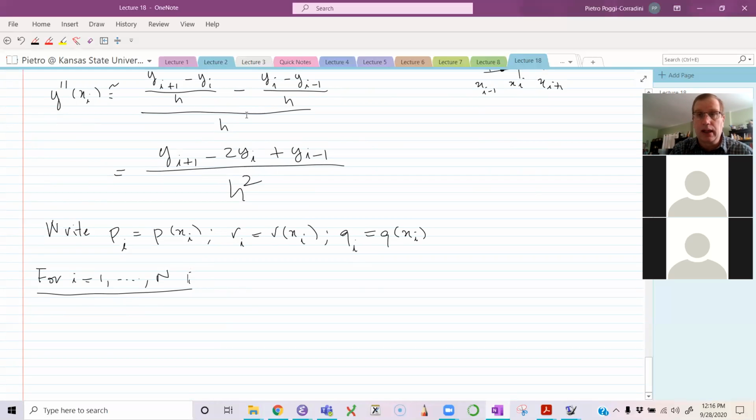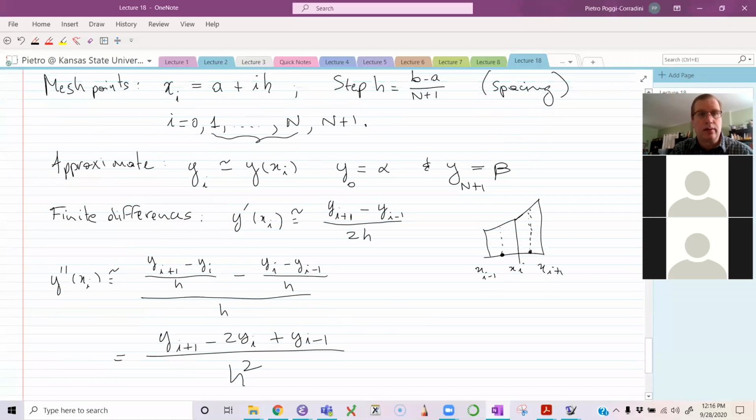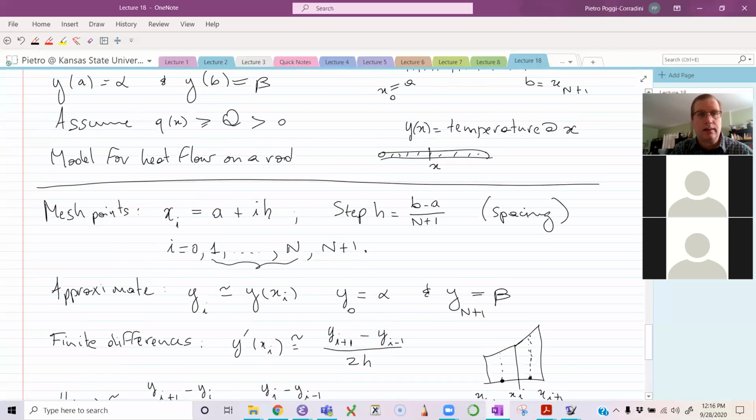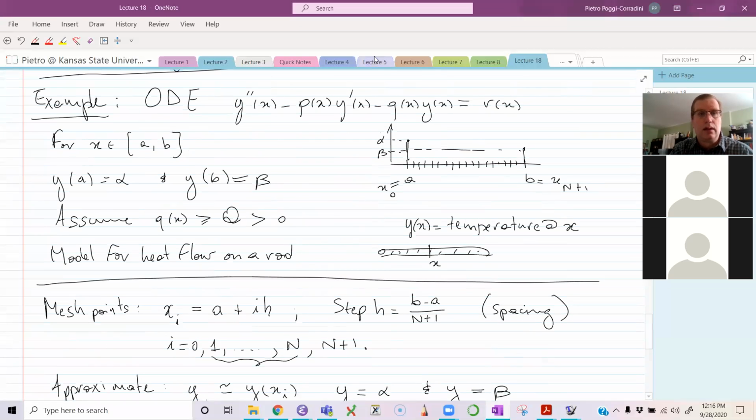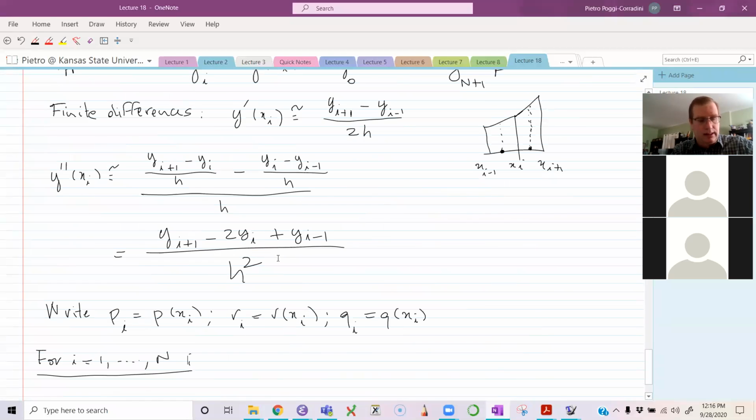Let's look at it again. I need to do the second derivative minus p times the first derivative minus q times y equal r, right? So the second derivative already we have, it's right here.